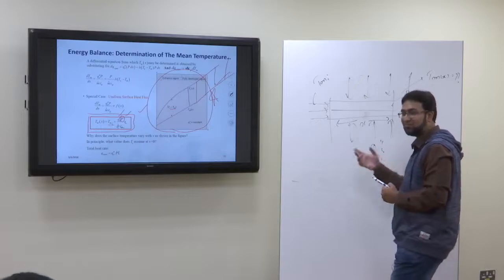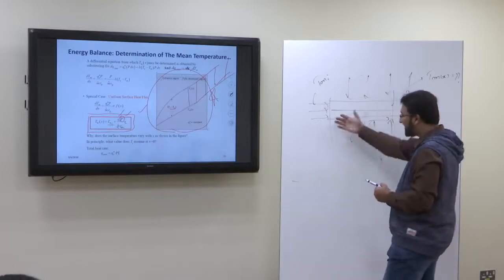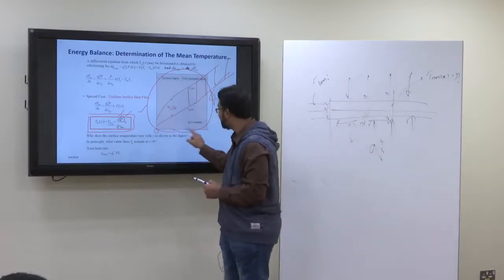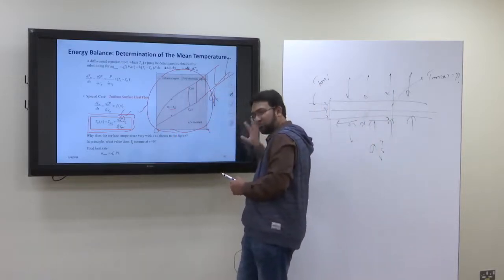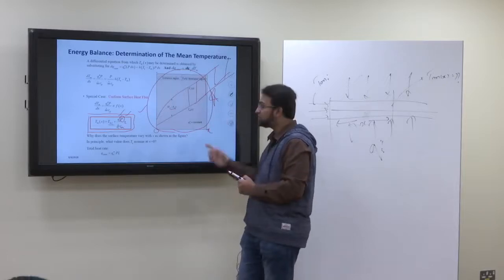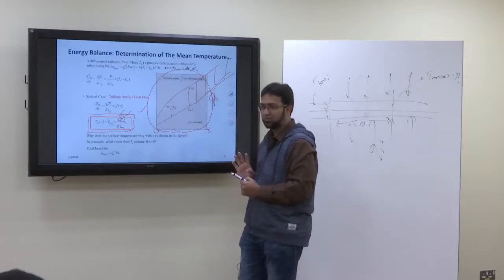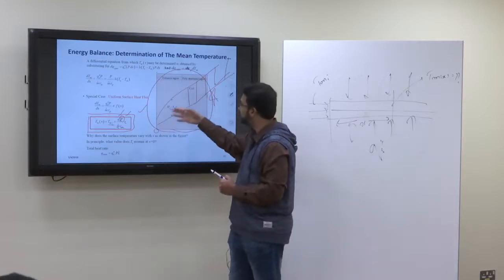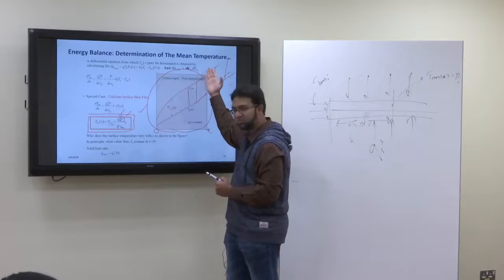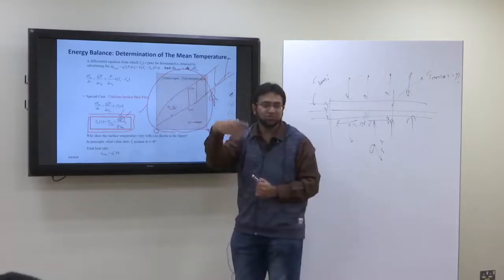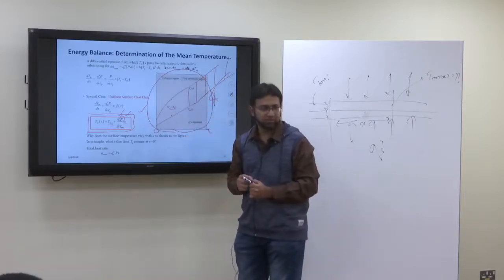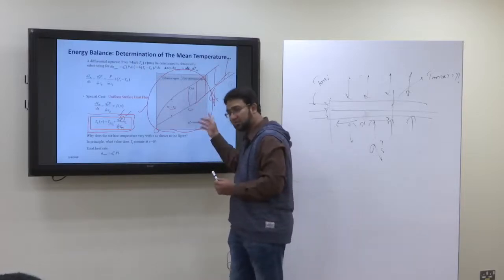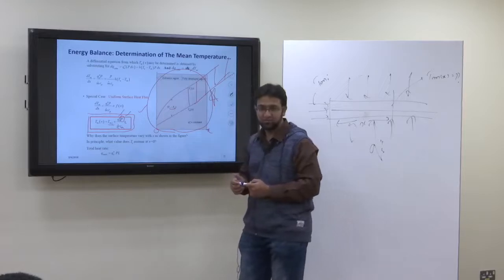Here the length is 0, here the length is x, and so forth, okay? That's how the temperature variation for the mean fluid temperature will be, and that's how the temperature variation for the surface temperature will be, assuming surface temperature is greater than mean temperature. So consider this a very important graph, okay?